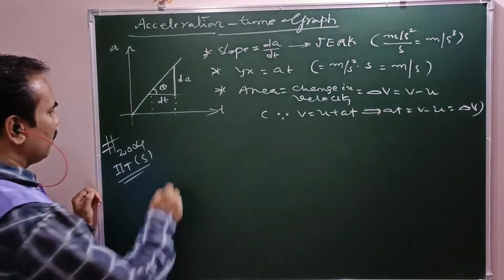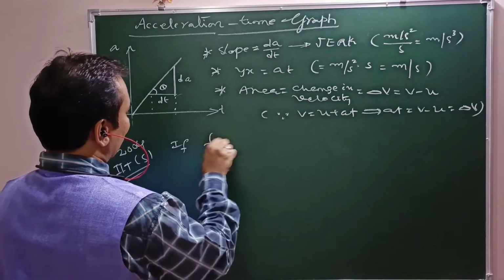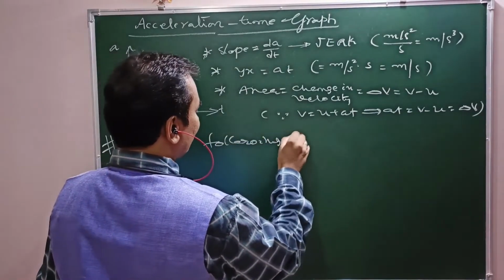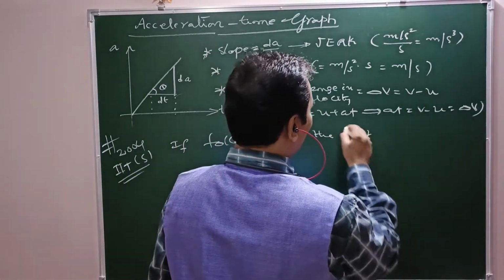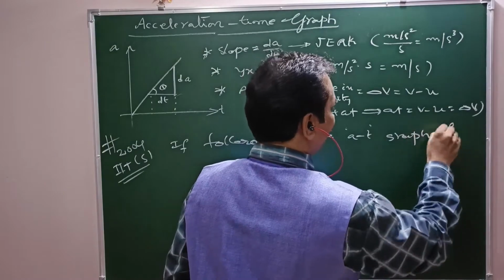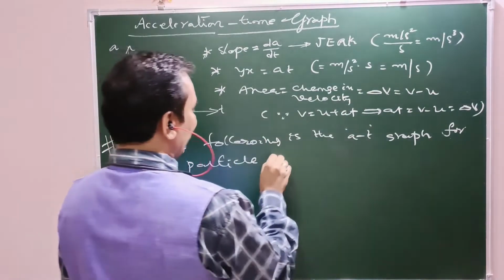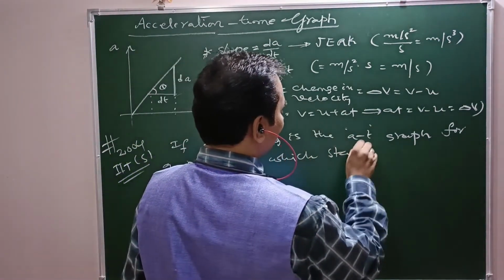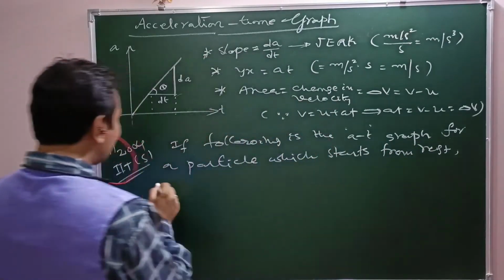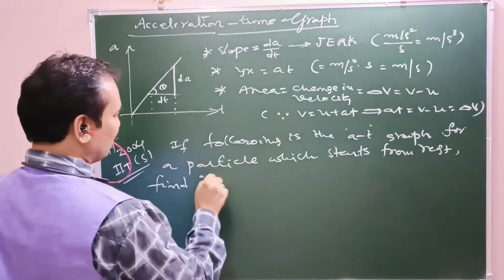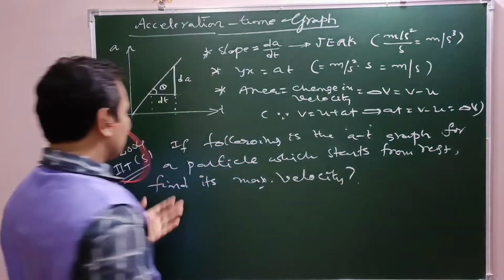If the following is the a-t graph for a particle which starts from rest, find its maximum velocity. So this is the given question.